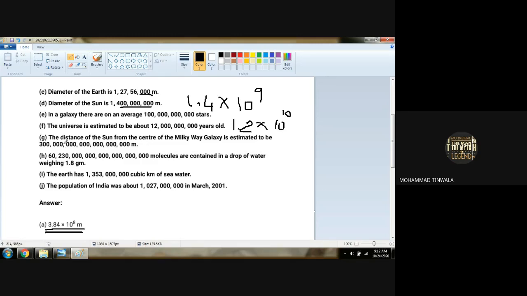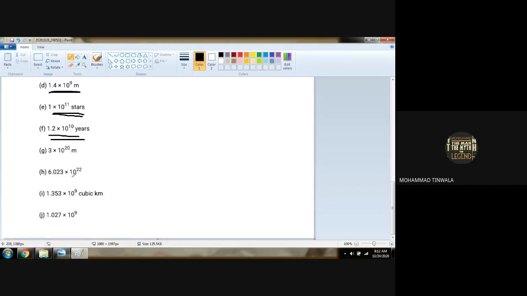So now calculate it. 20 zeros. So 3 into 10 raised to 20 is the answer.